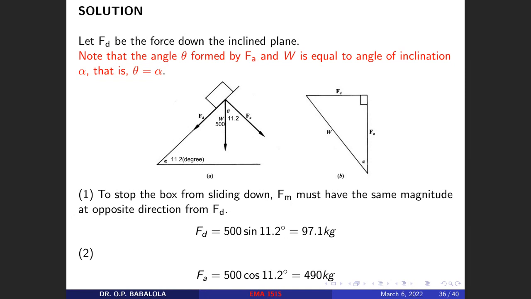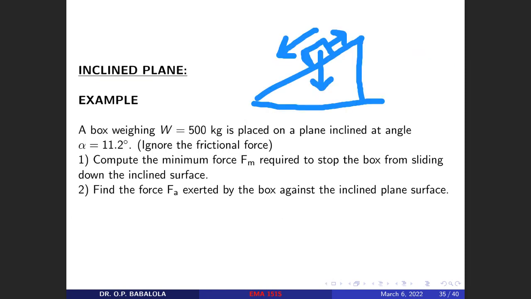I mean, it's not equal. There's another force, FA. What did I represent FA as? I think it's there. A box is placed on a plane at this angle. Ignore the frictional force. Find the force FA exerted by the box. That's FA.